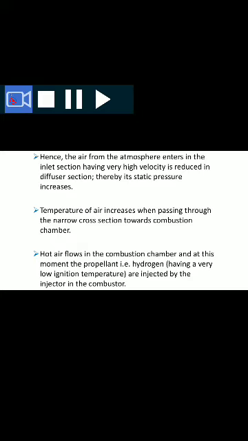Hot airflow is in the combustion chamber, and as propellant we can use hydrogen fuel or hydrocarbon fuel, but hydrogen fuel gives very high thrust production. So normally the scramjet engine uses hydrogen fuel.